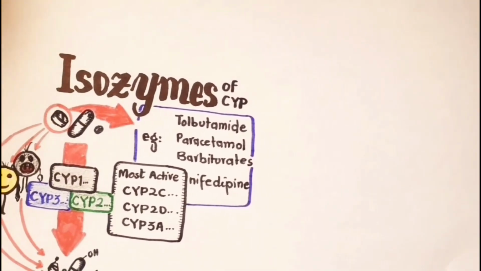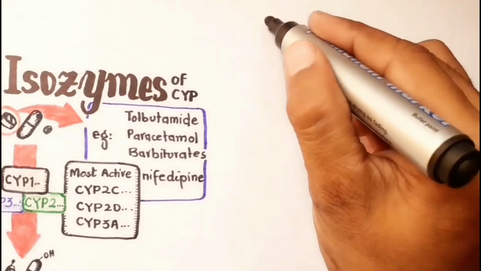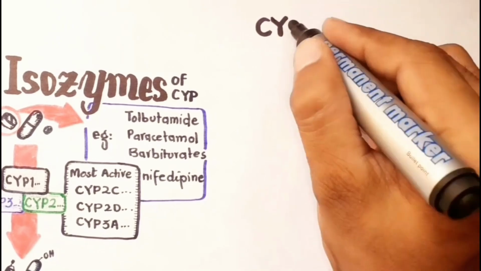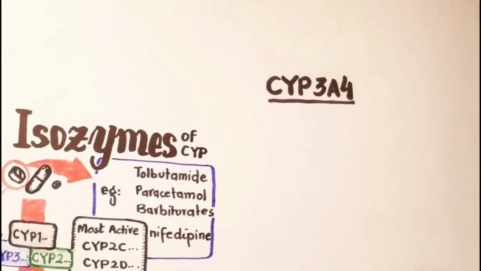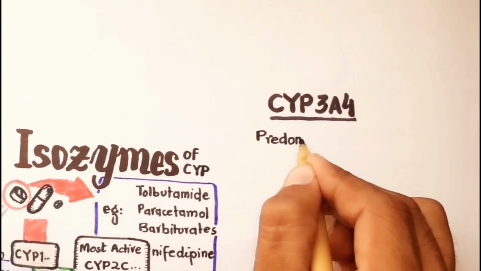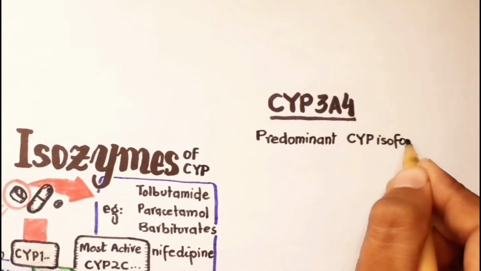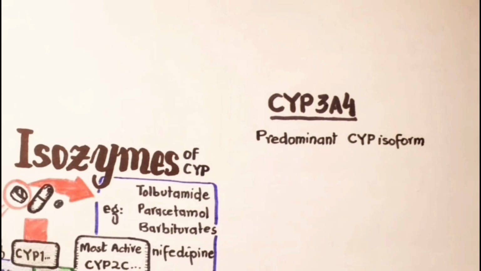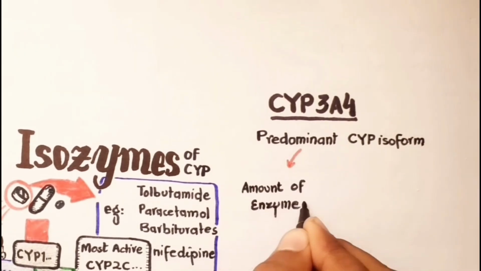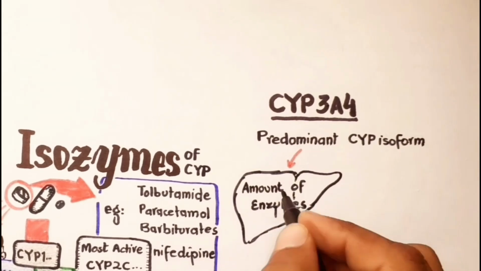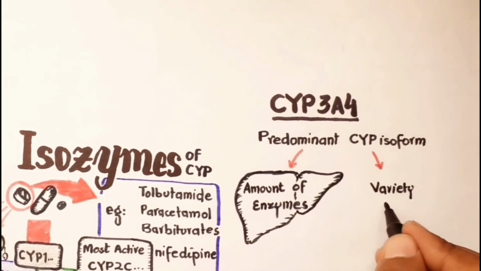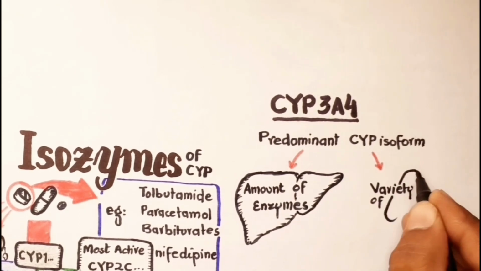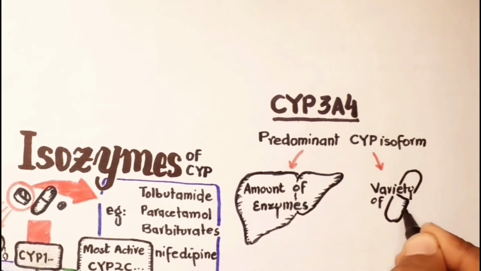Important isozymes include CYP3A4, which is thought to be the most predominant CYP isoform involved in human drug metabolism, both in terms of the amount of enzyme in the liver and the variety of drugs that are substrates for this enzyme isoform.